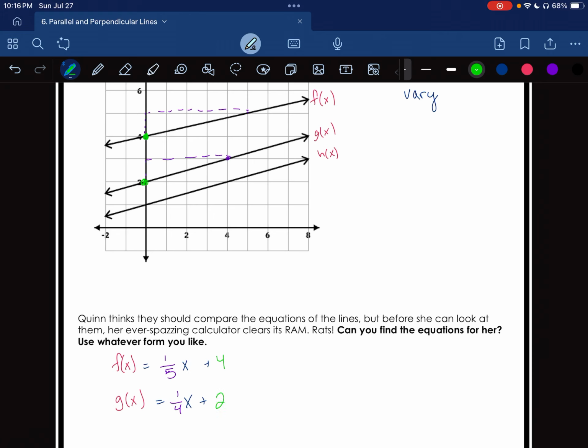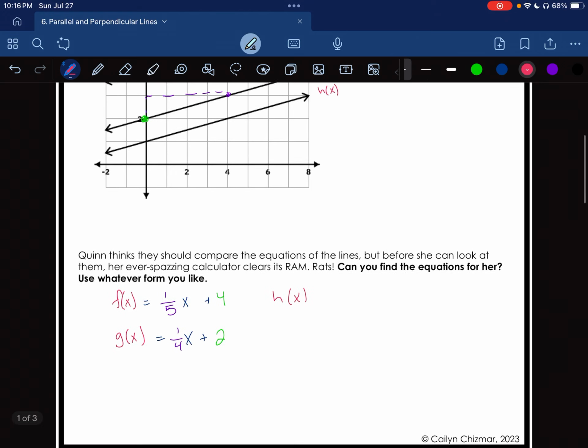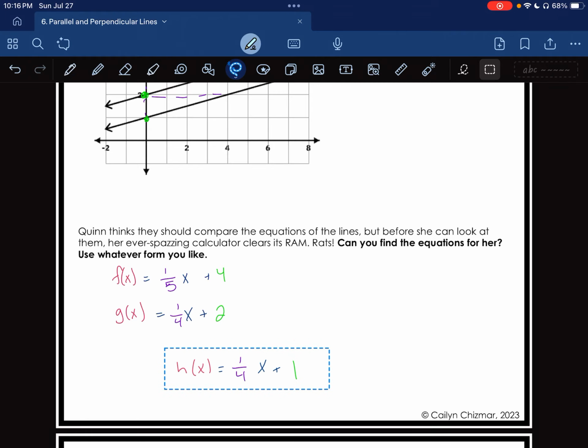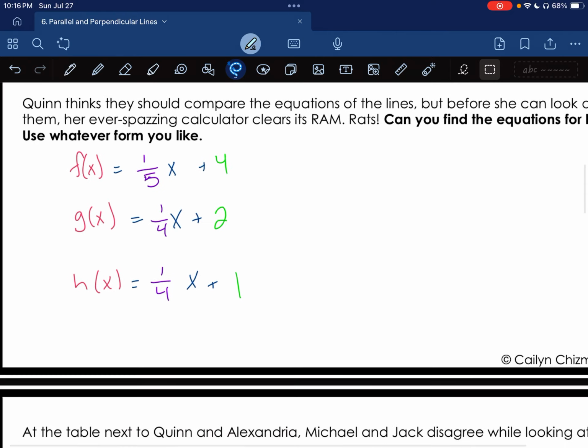All right, and last but not least, I write the equation of h of x. So h of x has a y-intercept of 1 and also a slope of 1/4. Let's consider these three equations.